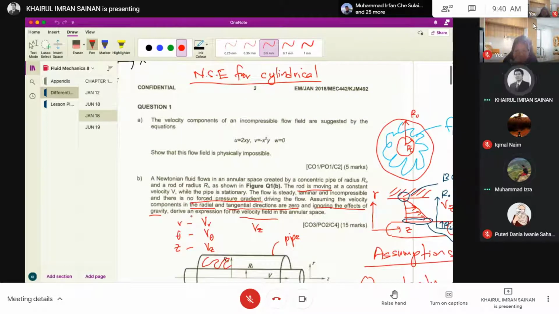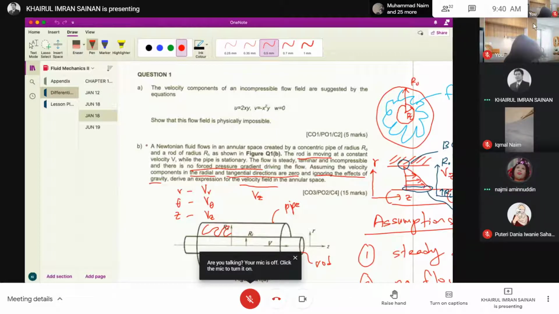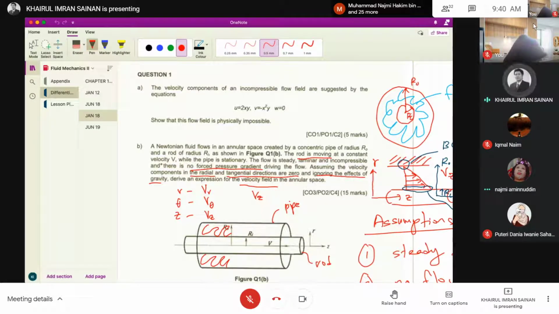Okay, but the thing is, this is a closed system. In actual, there will be a pressure gradient. But because of the question itself, ignore that. So we cancel. If it is stated in the question that there is no force pressure gradient, meaning cancel.